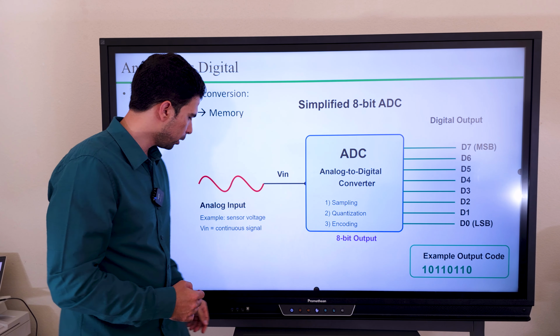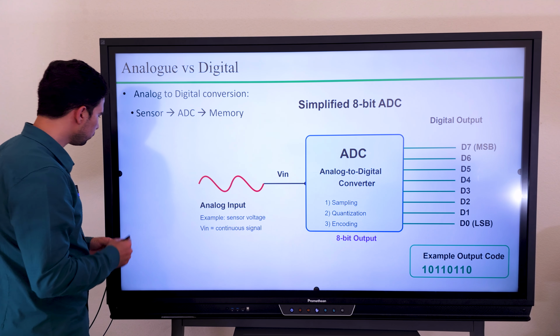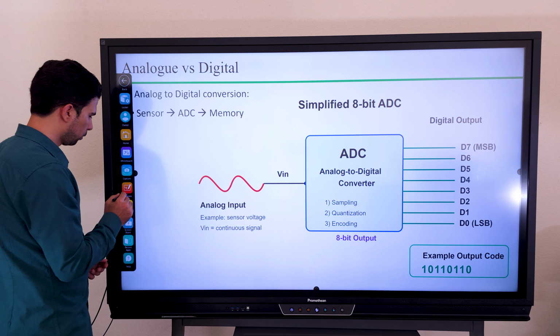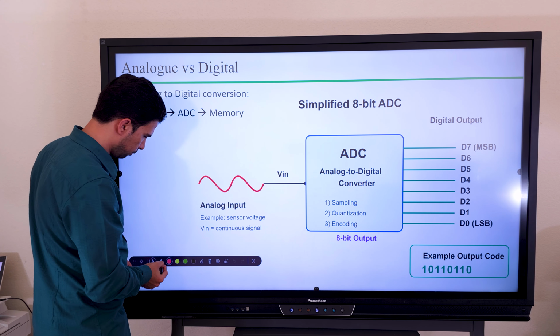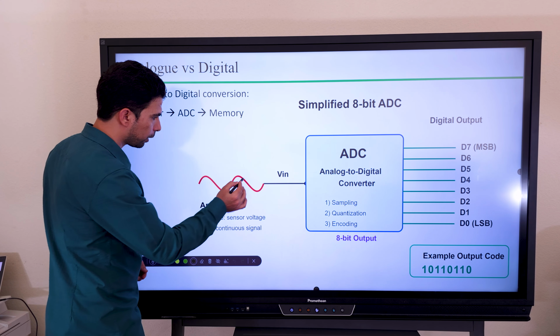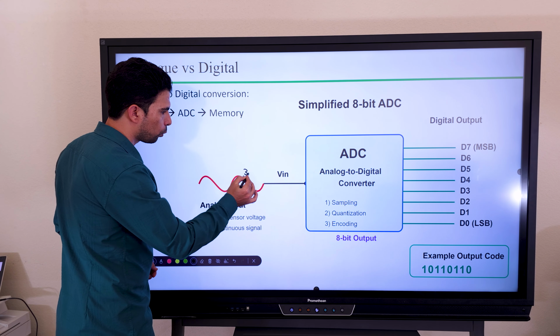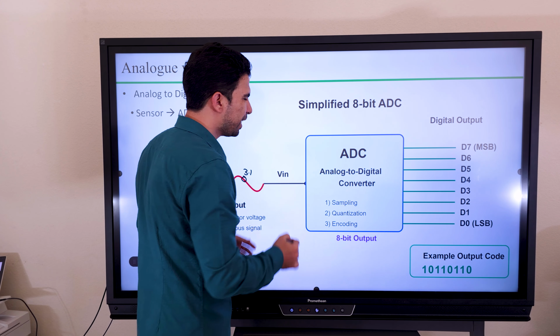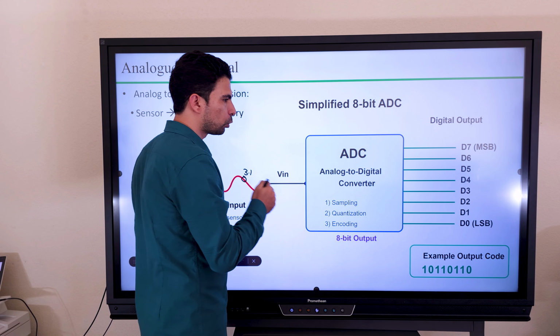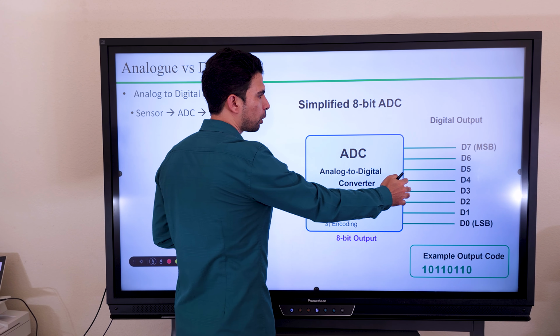If we have here this value equal to 3.1, we can read this value and store it as 3, not 3.1, because here we have integer values only.